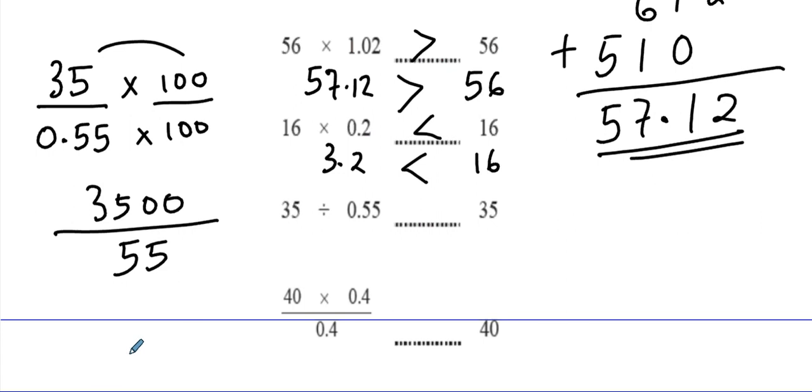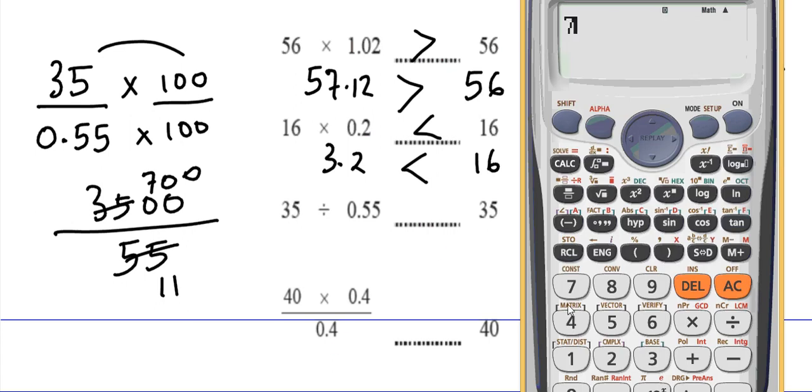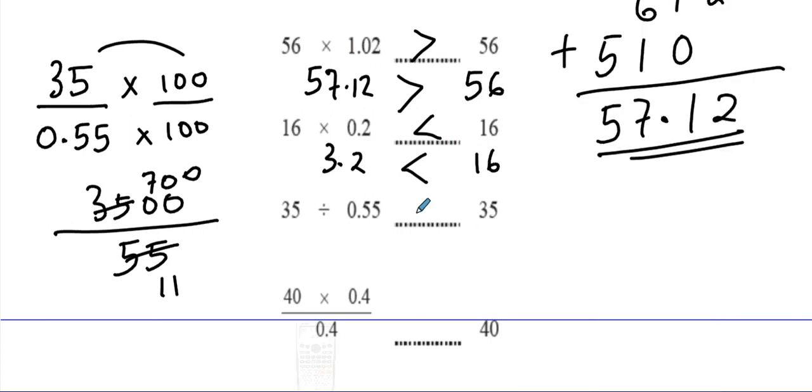Okay, so you can simplify this by 5. This is 700 over 11. 700 divided by 11, you are getting 63.63 recurring.